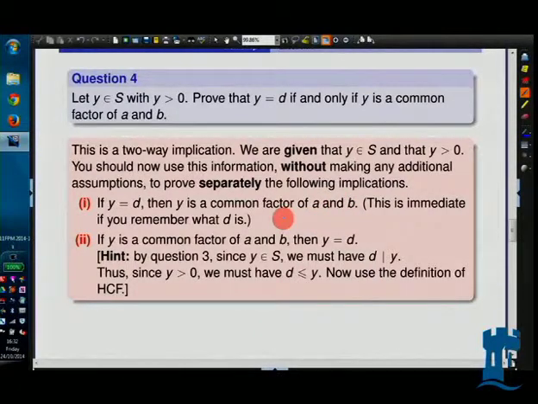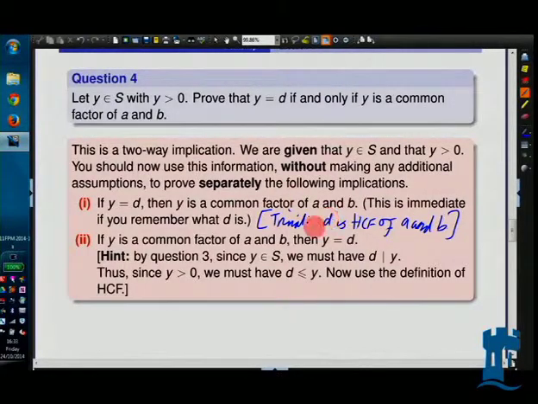D is a common factor of A and B because D is the highest common factor of A and B. If you're the highest common factor, then you're a common factor. And if y equals D, then D being this thing means that y is this thing as well. So that's just a trivial substitution, right?